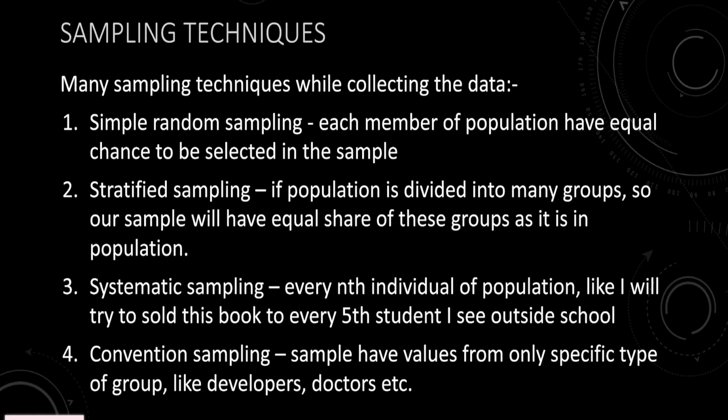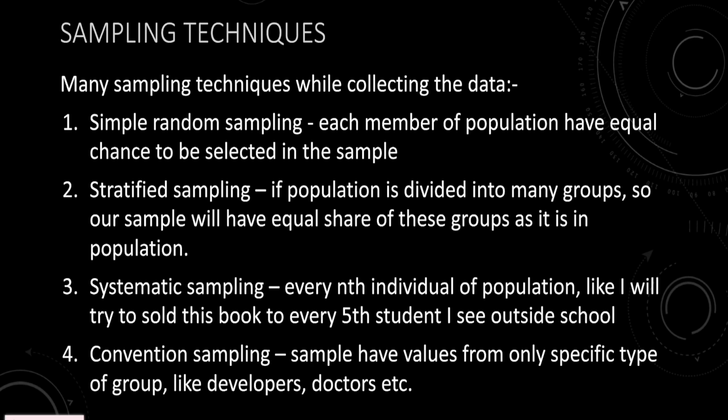And third one is systematic sampling. In this we select every nth individual of the population. Like you try to sell a book to every fifth student you see outside school, or you select every fifth record of the population. Fourth one is convenience sampling.